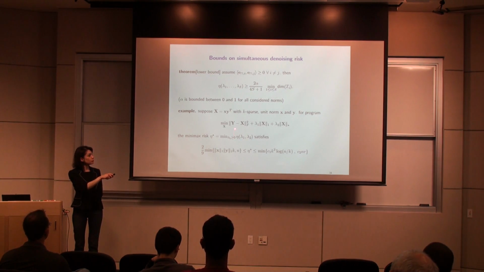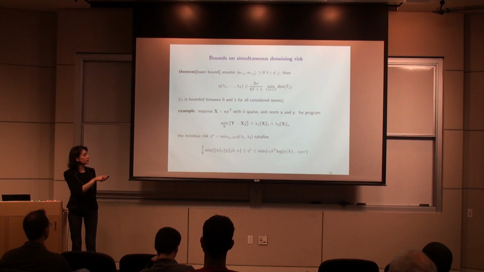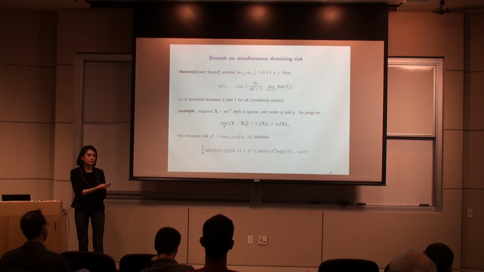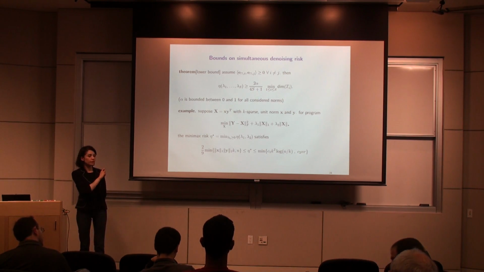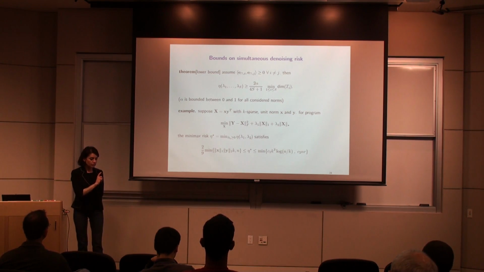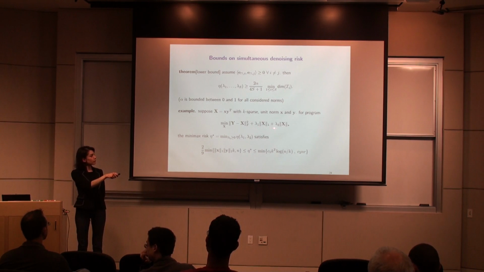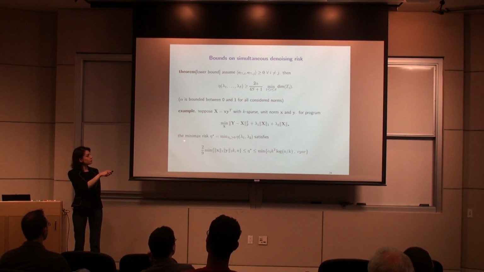And so we want to find such an x given a noisy measurement of it, which is x plus z, where z is IID Gaussian noise, with the variance of each entry being sigma squared.